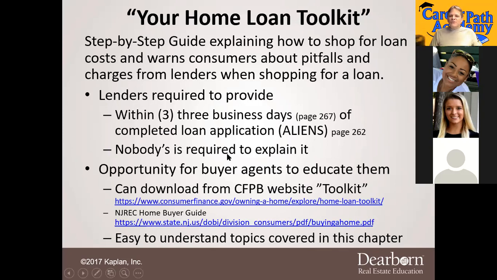Now, nobody's actually required to explain it to the consumer, although they suggest that we as the real estate agent do. So the lender is required to give this when? Within 3 days of what? ALIENS. Application. That's the completed loan application. What is ALIENS?